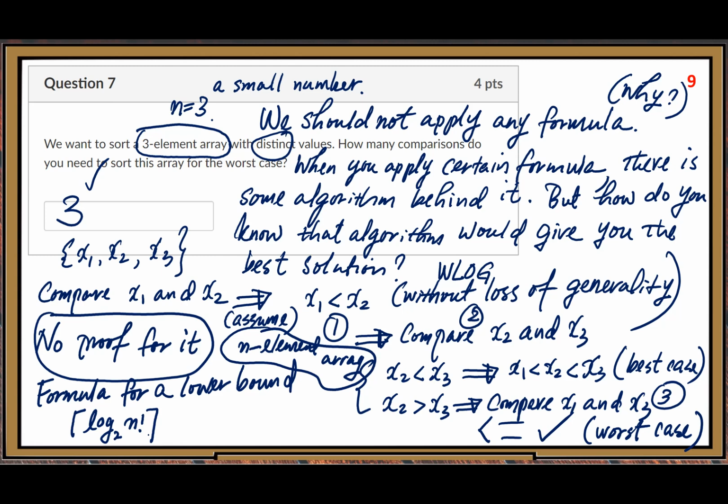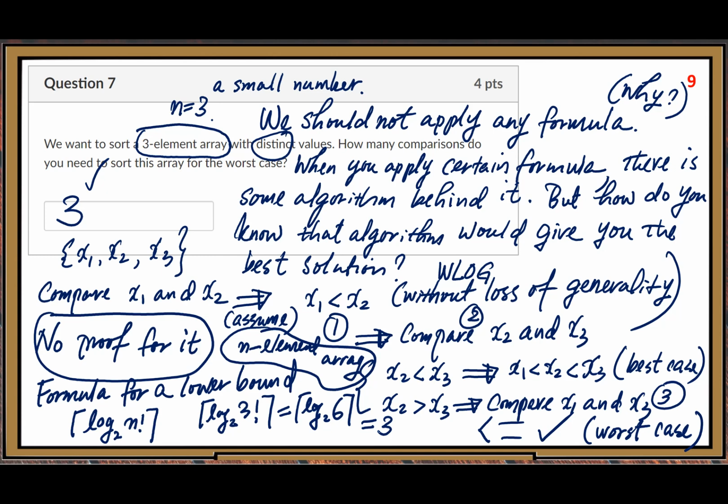But here, if you plug in 3, let's look at the ceiling function of log base 2 of 3 factorial. That is log base 2 of 6. The ceiling function, that's 3, because it's 2 point something, less than 3. 2 to the third is 8, greater than 6.